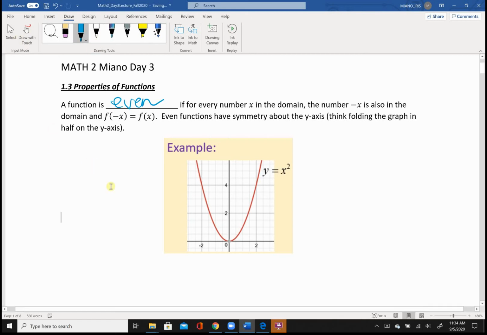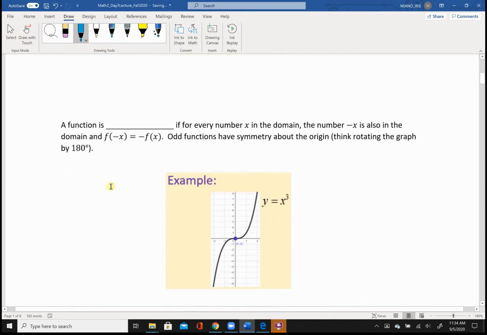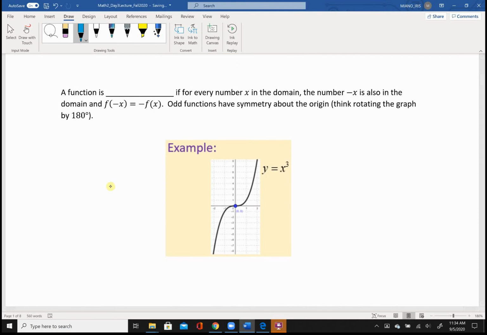Okay, now what does it mean when your function is odd? Well, here we have a quintessential example in the cubic function, or y equals x cubed. The way you can see it visually is to pretend that the center of your graphical representation is the center of a spinner. If you were to spin the line created by the graph 180 degrees, you would line it up exactly with how the original graph looked.